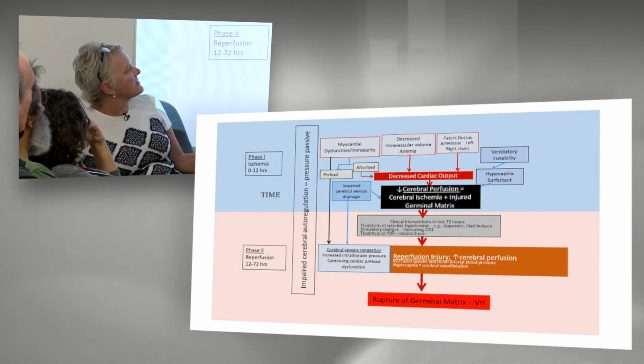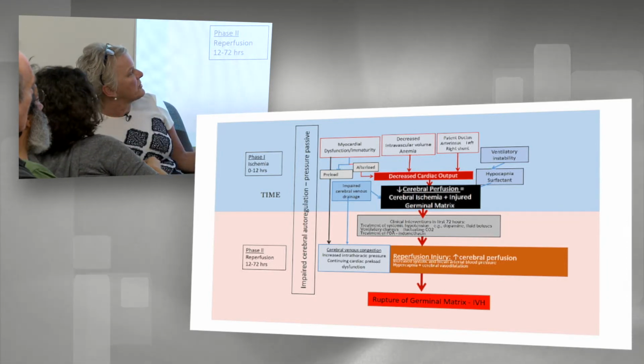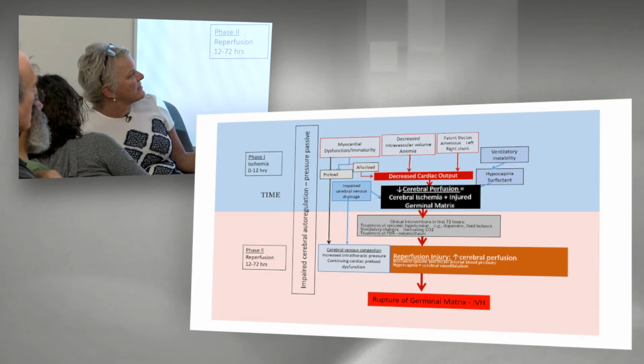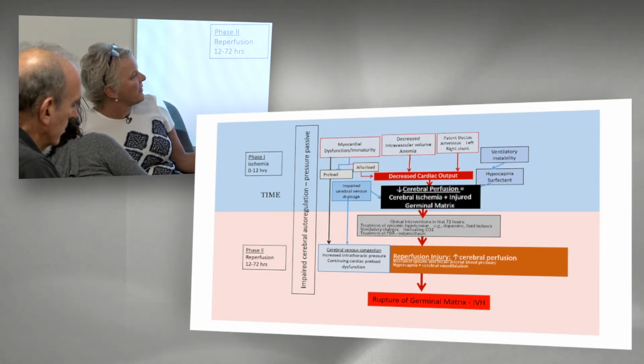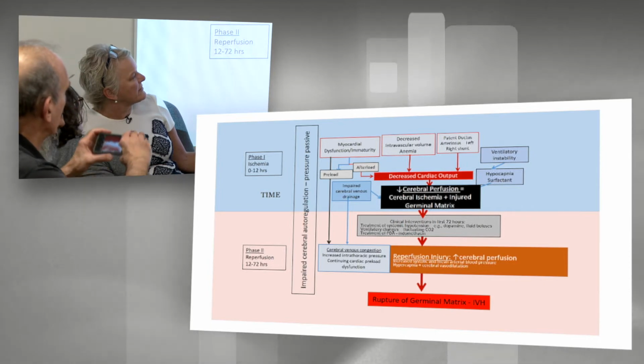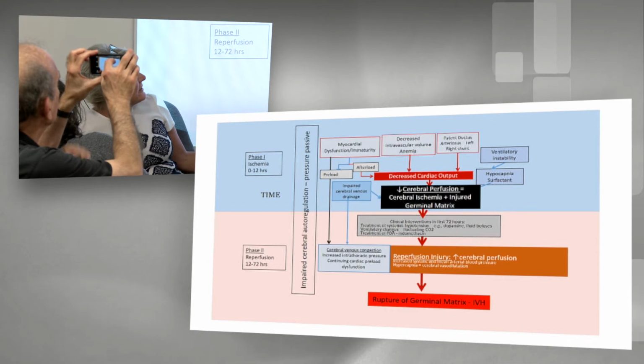Well, myocardial dysfunction and immaturity, which most of us don't even look at because most of us don't do targeted echo or can't. There's the presence of compromises to intravascular volume, and then there's our friend the duct, which I know you have interest in here too. All of these are affecting cardiac output and therefore cerebral perfusion. Then there's ventilatory instability, hypocapnia, the giving of surfactant.